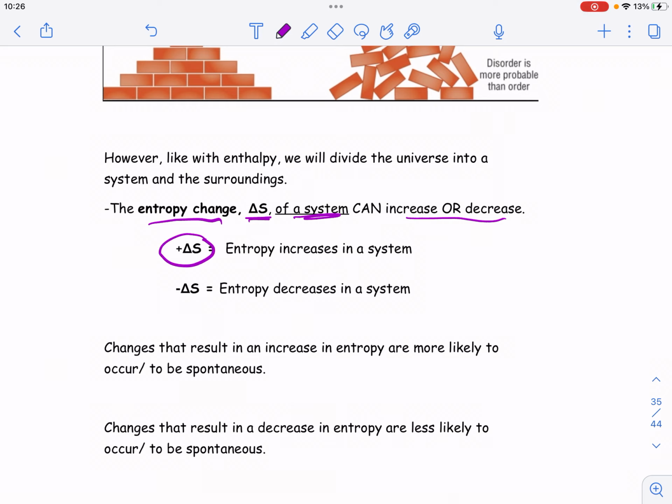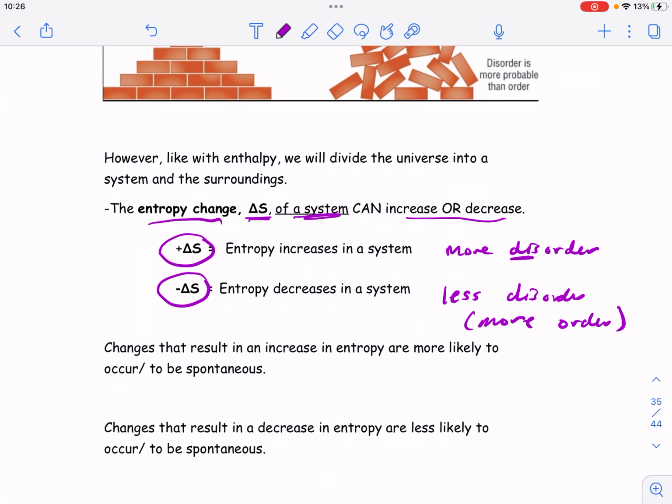So positive delta S means the entropy increases over time, and negative delta S means the entropy decreases over time. So again, if it's a positive change, then we have more disorder. Not more order, more disorder. And if it's a negative entropy change, we have less disorder, which is more order.